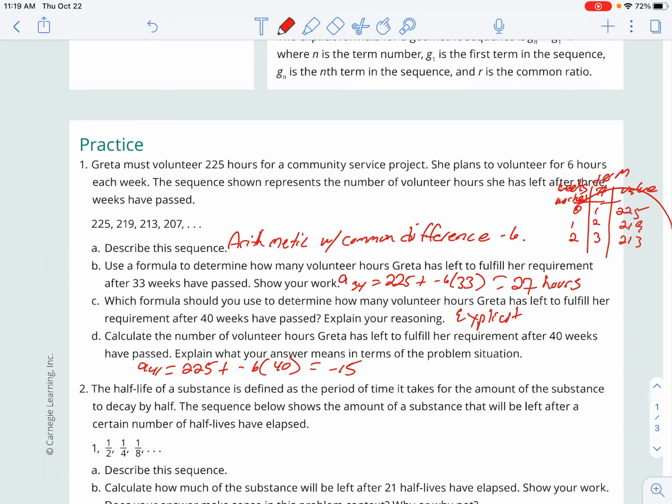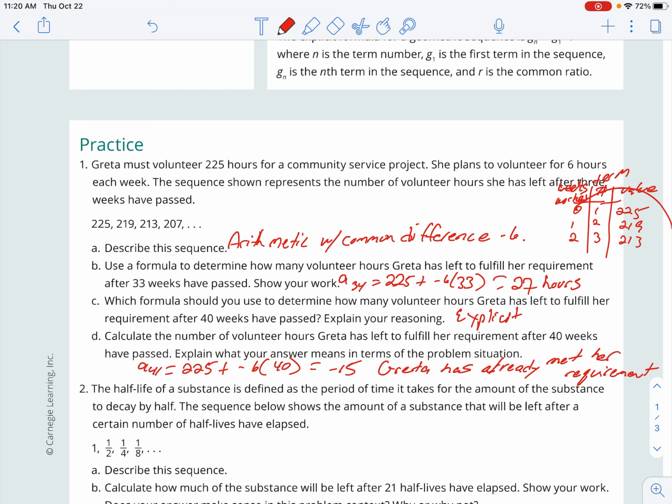that since it's in a negative category, Greta has already met her requirement. As soon as she gets to 0 or negative, she's out of that 225 hours.